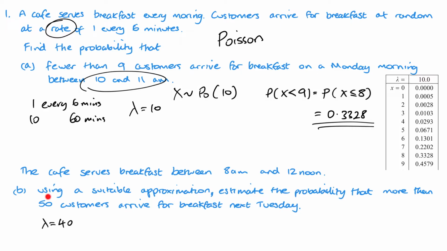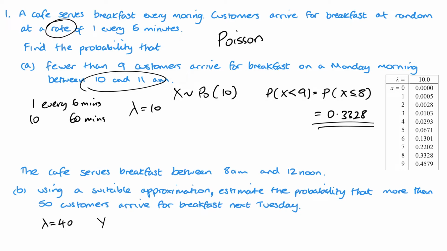And as you can see here, using a suitable approximation, estimate the probability that more than 50 customers arrive for breakfast next Tuesday. Now, luckily for S2, we only have to think, well, we got Poisson, has to be approximated with normal. Okay, and we do know that because lambda is large.